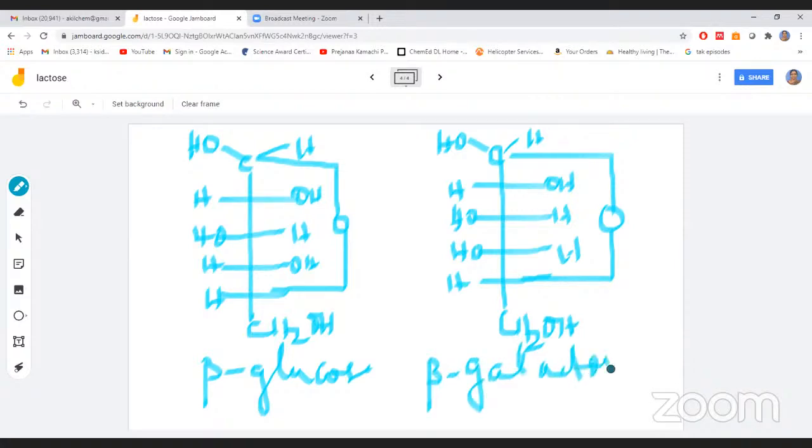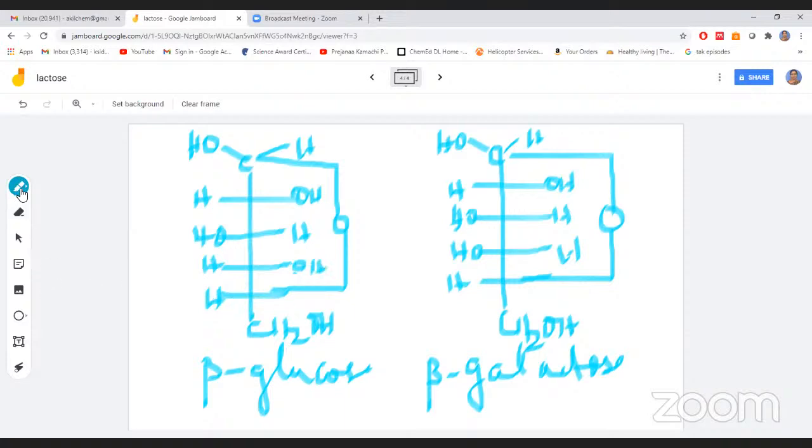Beta galactose and glucose are going to link via what fashion? 1,4 linkage. So what should I do now? I should take this. What is happening here?